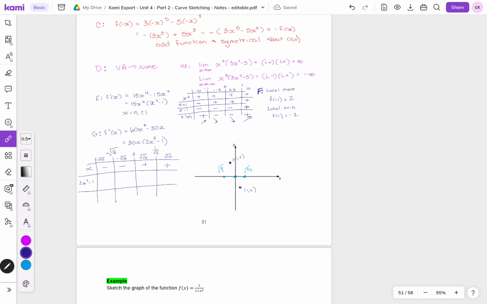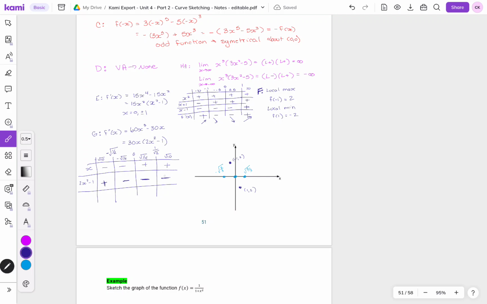I picked my test points to be roots, because the square root of 10 squared is 10, so 20 minus 1, that's going to be positive. Well, 2 times 1/4 is 1/2. 1/2 minus 1, that's going to be negative.